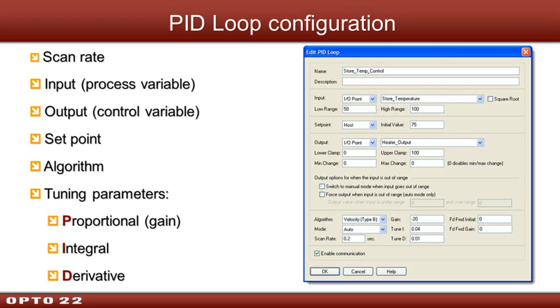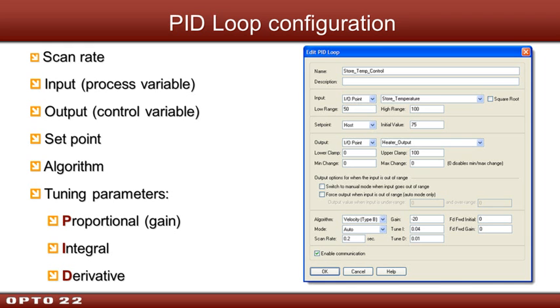So your average PID loop configuration goes something like that. What I've listed on the left are required parameters. Pretty much every PID loop controller that you look at, and particularly the Opto ones, are going to require the following information. We're going to break all of these down and look at them one at a time, but we're looking at the scan rate, the input to the loop, and also the output.